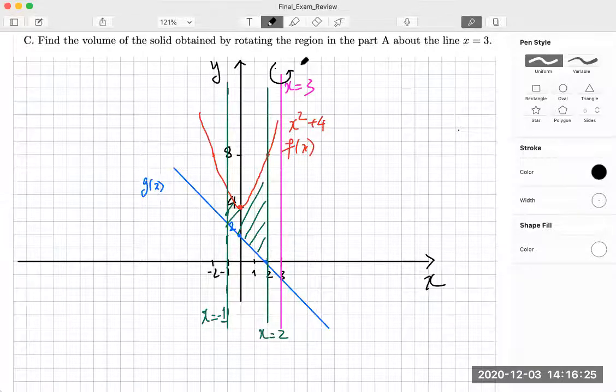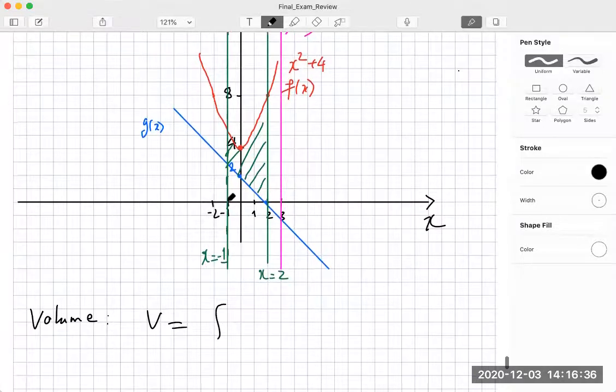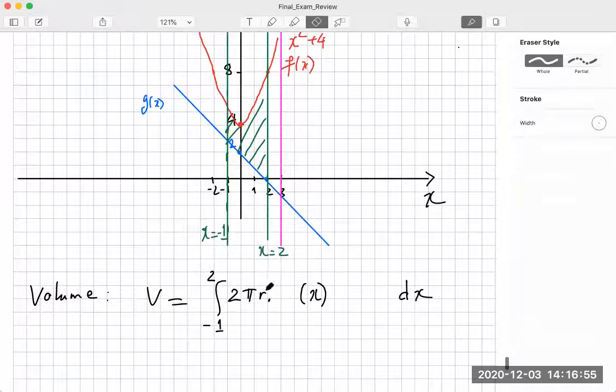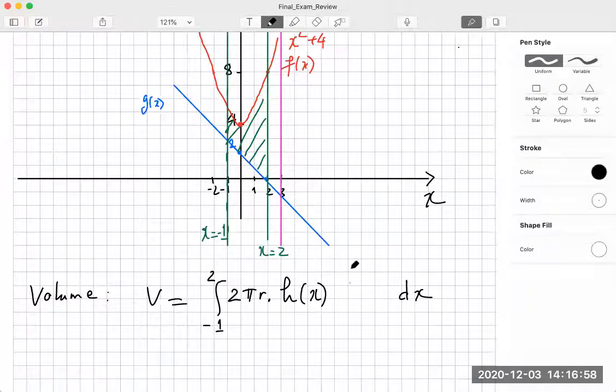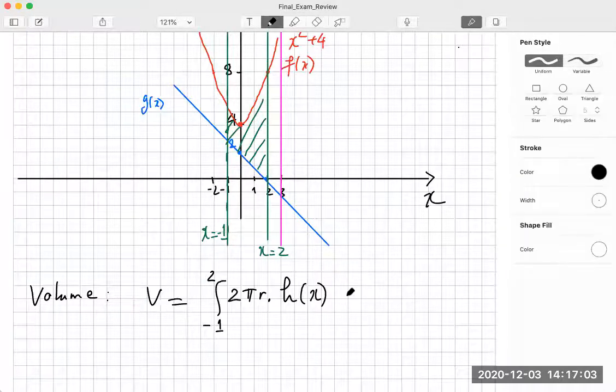right? And remember the volume of this guy will be the integral with x running from -1 to 2, of 2 pi r times the height, dx here.